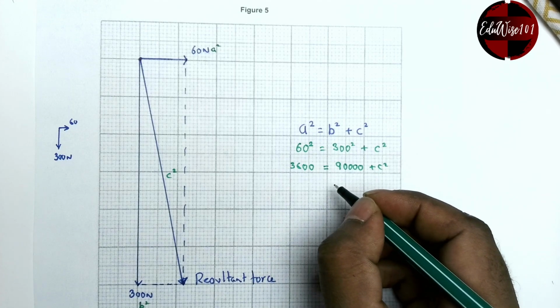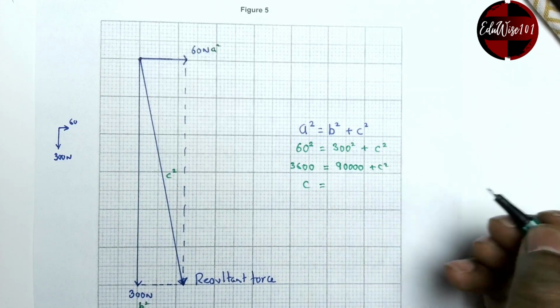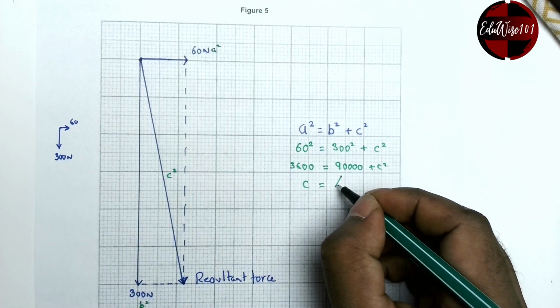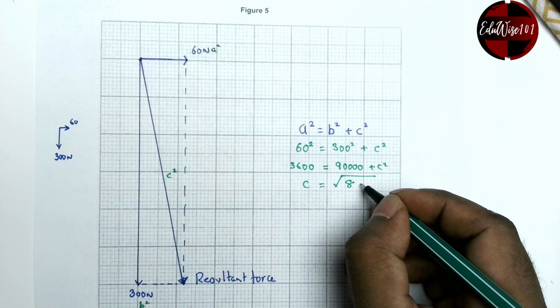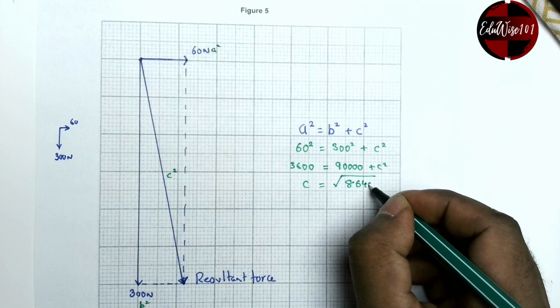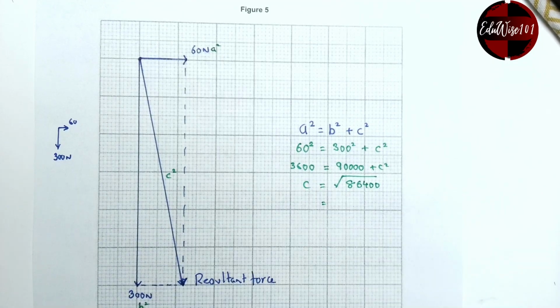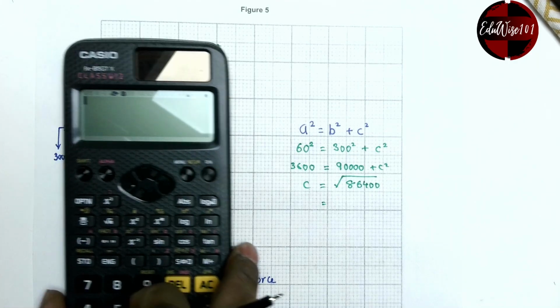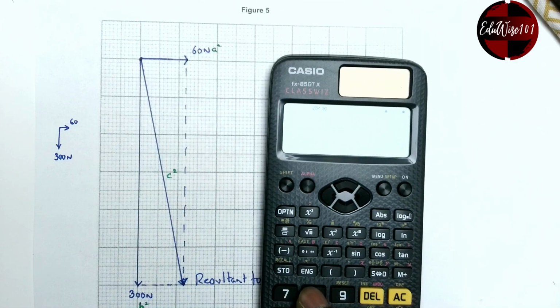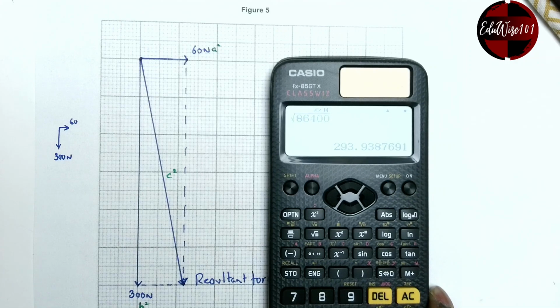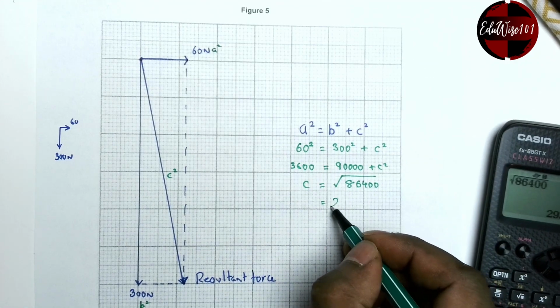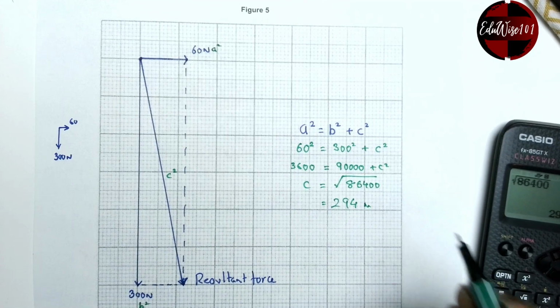So finding c would be the square root of 86,400. The square root of 86,400 is 293.9. So round it off to 294 newtons.